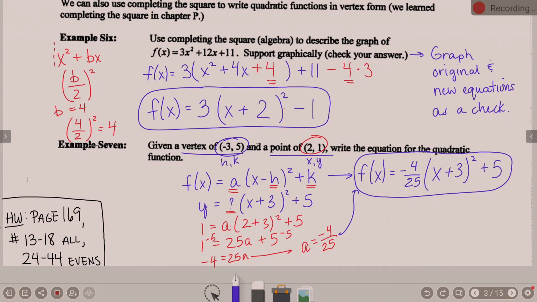Okay, the homework that goes along with this page is on page 169, 13 through 18 all, 24 through 44 evens. Watch the directions, okay? A lot of them go with the stuff we're doing. I did have a note in my lesson plans. It says 13 through 18, and the note is something about watching the vertical scale.